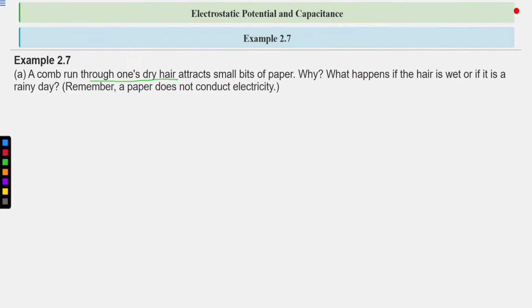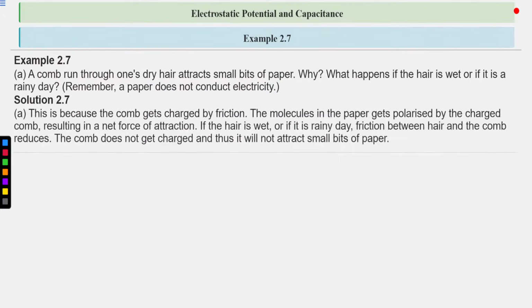So what is the physics behind it? So it attracts small bits of paper. Okay, this is the first question. Then what happens if the hair is wet or if it is a rainy day? Remember, paper does not conduct electricity. Paper is an insulator. So this is because the comb gets charged by friction.